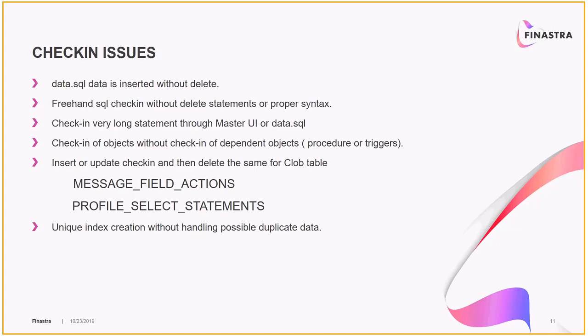Later on they delete that from the message field actions. So as the insert was already done and later on it was deleted, whenever the build is being built, it tries to go to message field action and fetch that data, or CLOB, from message field action, and it does not find that change in that table. Why?